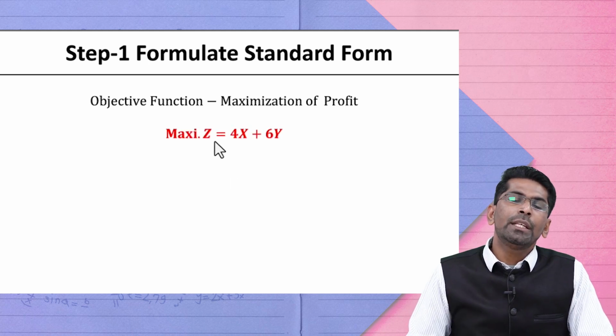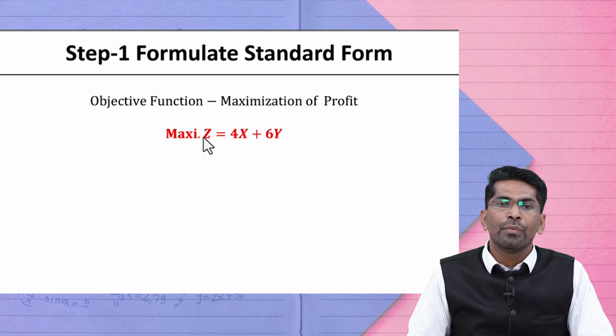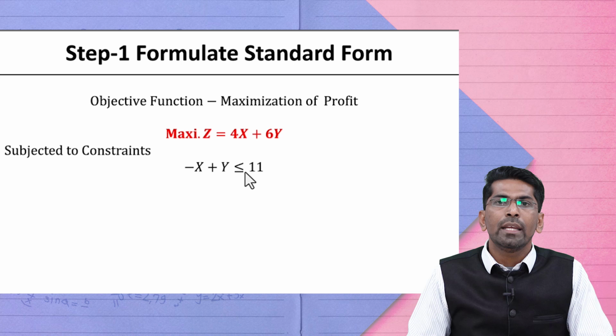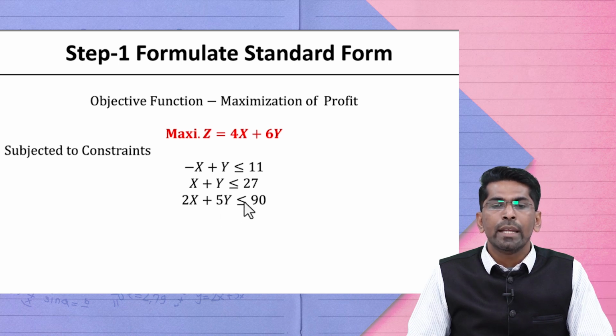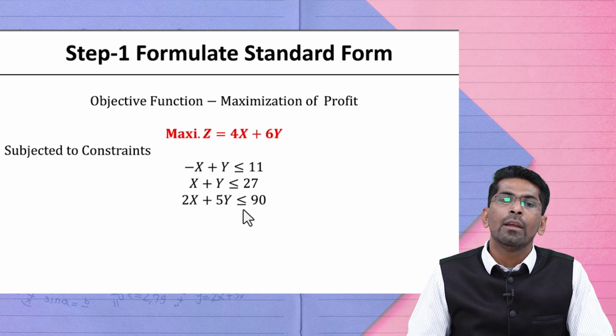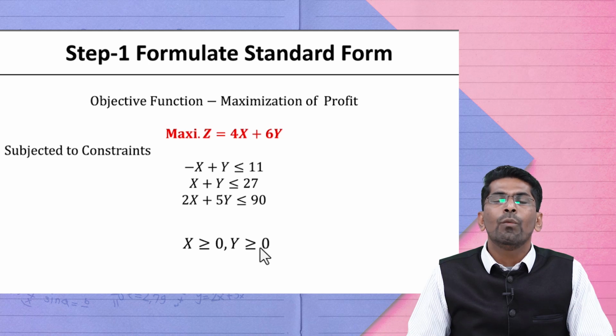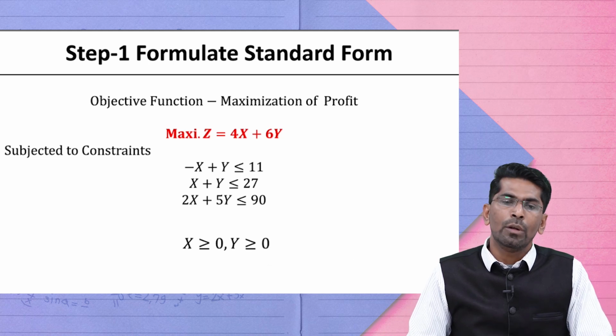The objective function, the maximization of profit, is z equals 4x plus 6y, subject to the constraints minus x plus y less than or equal to 11, x plus y less than or equal to 27, and the third constraint 2x plus 5y less than or equal to 90. We have 3 constraints here, and the decision variables x is greater than or equal to 0 and y is also greater than or equal to 0.